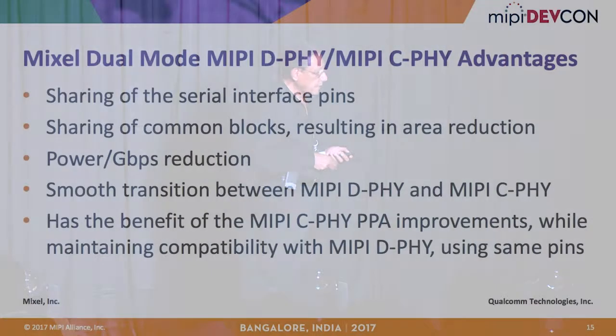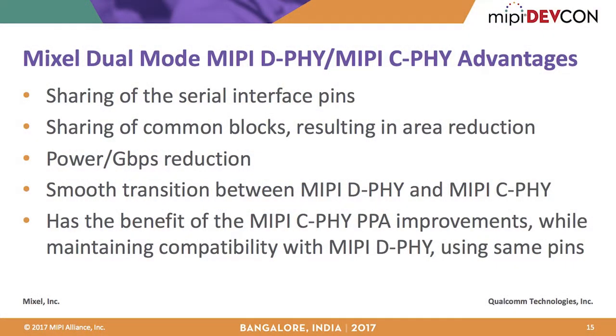So now let's talk about the dual mode IP that we have silicon proven. Of course, it's sharing the serial interface pin. Depending on the implementation, we have been able to reuse all of the D-PHY blocks for the C-PHY, of course, to minimize the area.